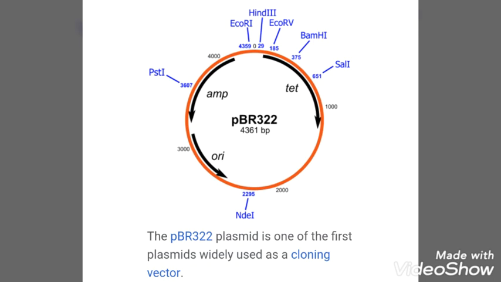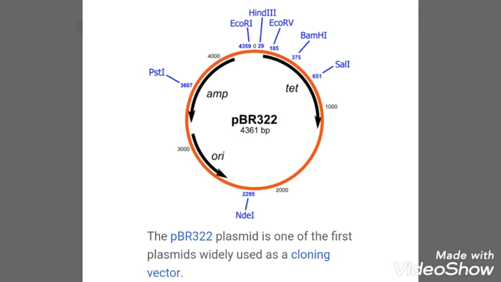This is pBR. P means plasmid, and BR stands for the scientists Bolivar and Rodriguez, who composed this plasmid in the laboratory. This is one example of an artificial plasmid.